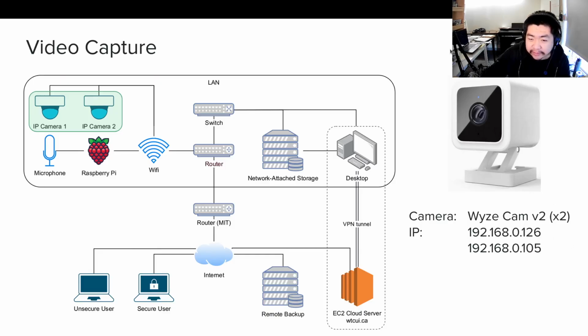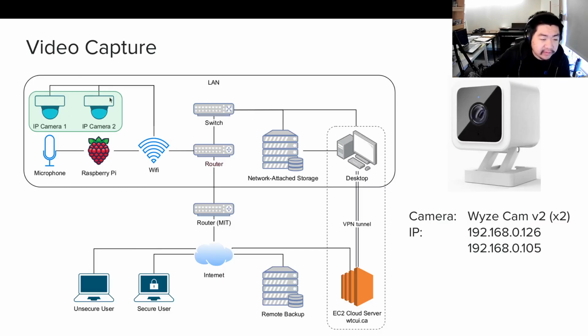I got these for pretty cheap, like $10 each from a tech shop like Micro Center. Really doesn't matter. These are all local IPs. They stream or video record through RTSP, real-time streaming protocol. That's the abbreviation. And I'll talk about the specs later also.